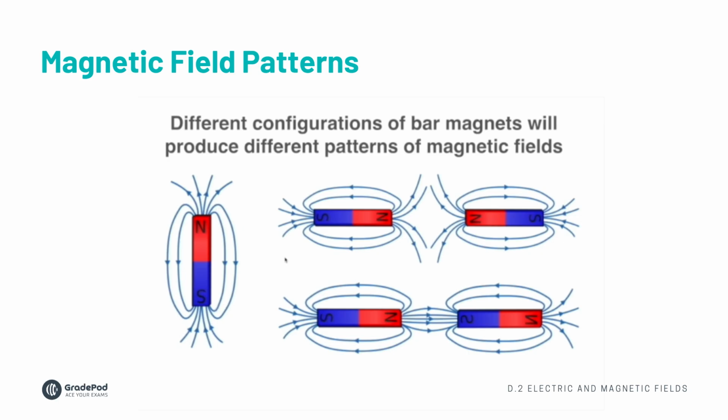And it's important that you have the loops going from north to south and that they do not touch at any stage. When we have two poles of the same, so north facing a north, we know from experience that these magnets will repel each other, and this has to be reflected in the magnetic fields. So the magnetic fields will repel each other as they come out of the north, and they'll ultimately loop round back into the south again.